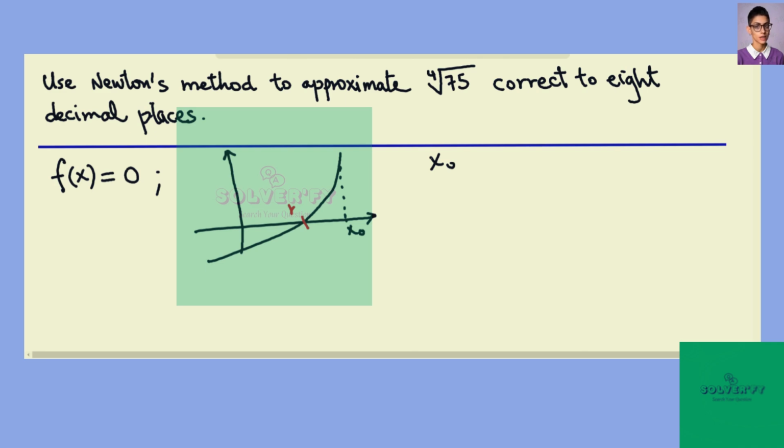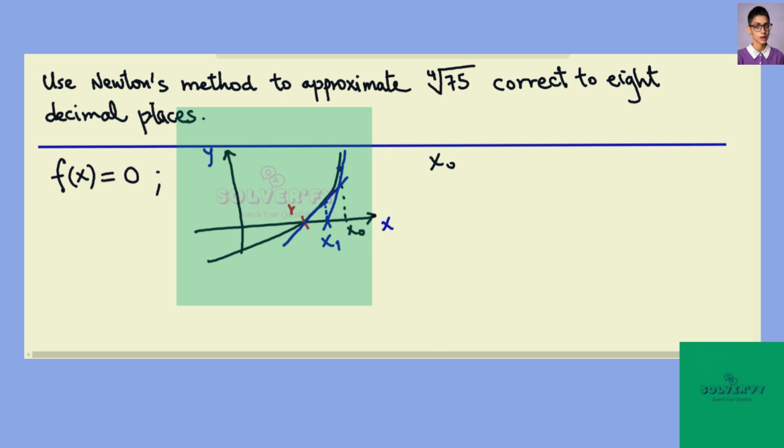So we take the tangent line to the curve at that initial guess. That is, we take the tangent line at this point. Let's say that tangent line will cut the x-axis at some point, which will be the next iterate, and we repeat the process. We take the tangent line at that new point, and we continue that way.